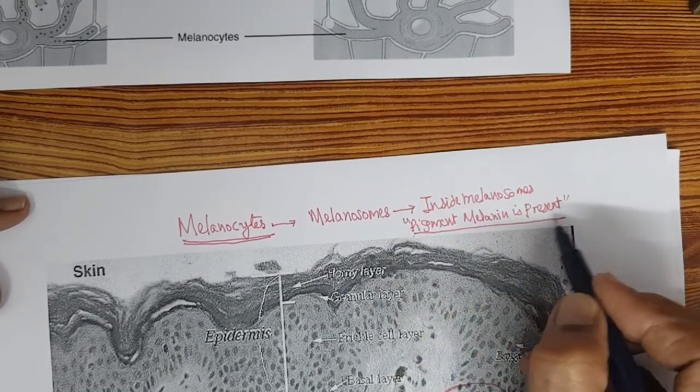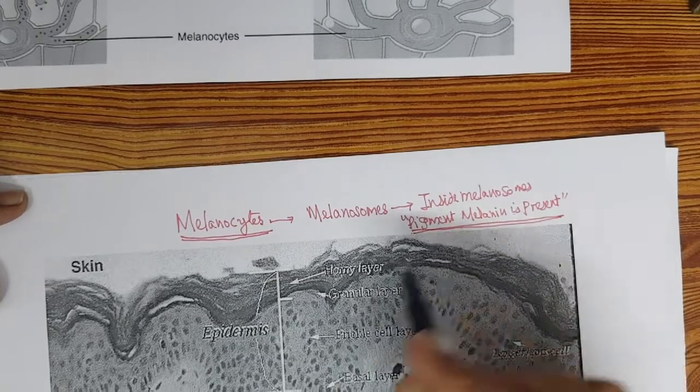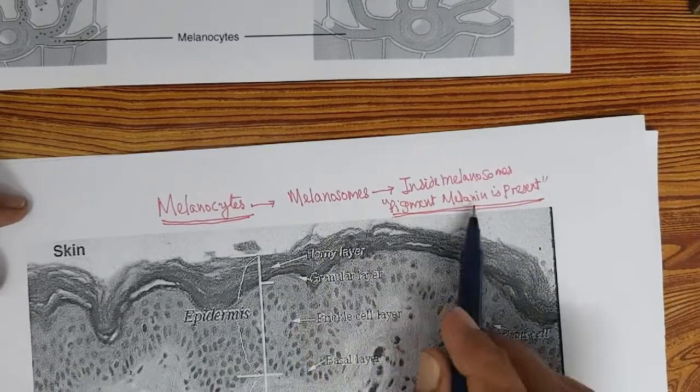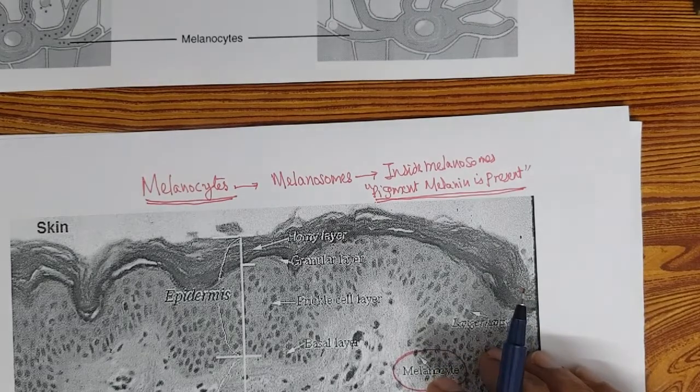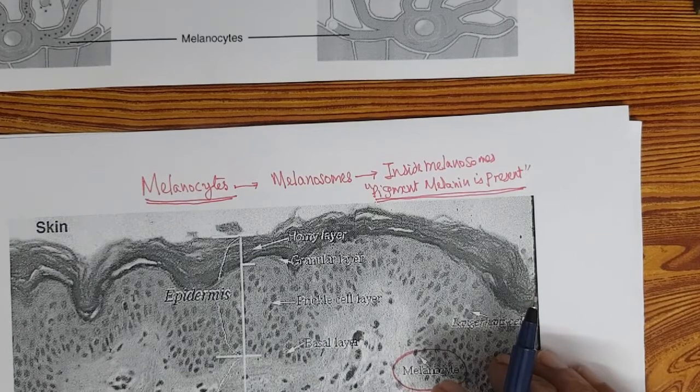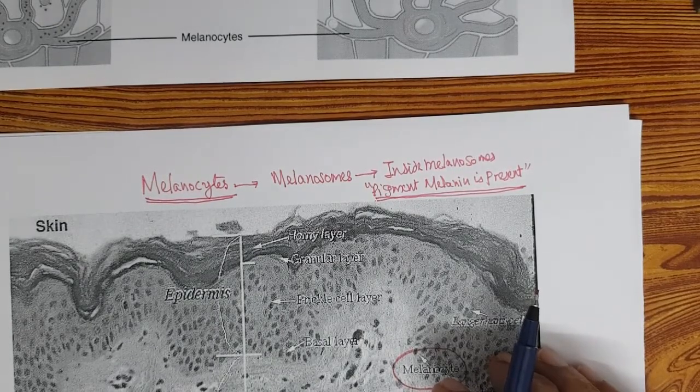So melanosomes contain melanin. Basically, the melanocytes produce melanosomes with melanin, and only melanosomes are transferred from melanocytes to the other layers of the skin, the keratinocytes, the keratin layer.